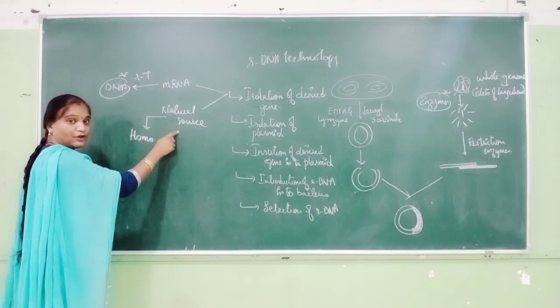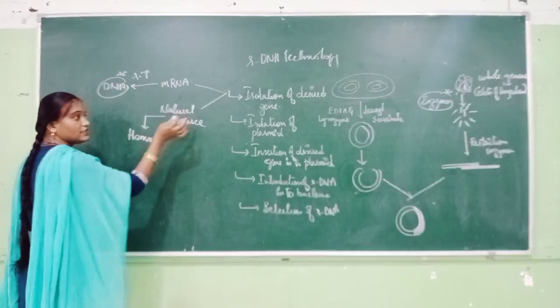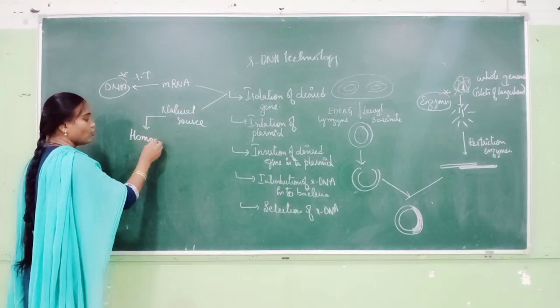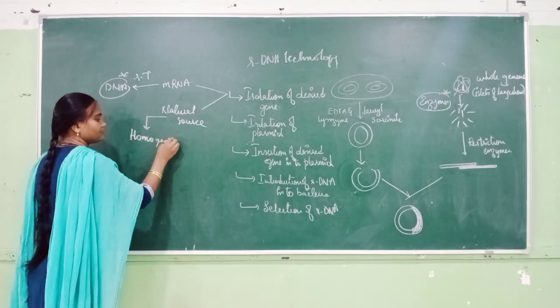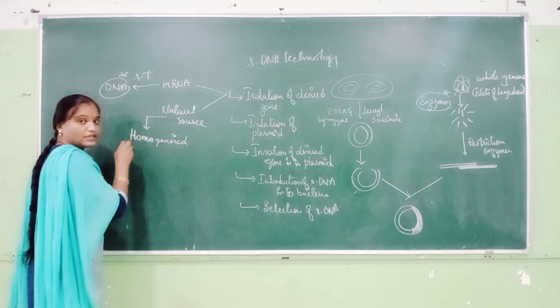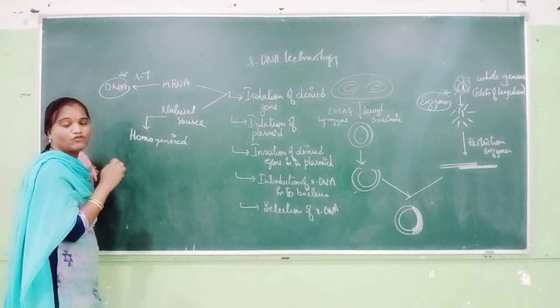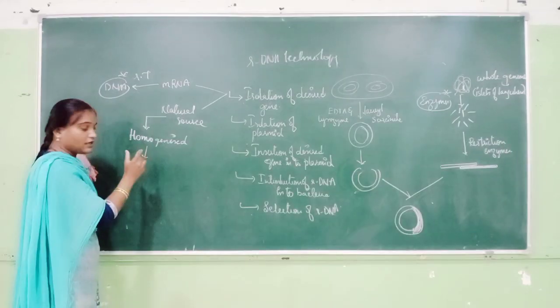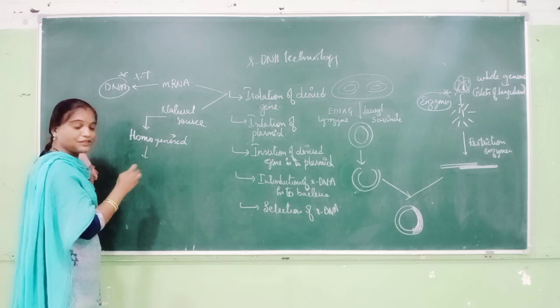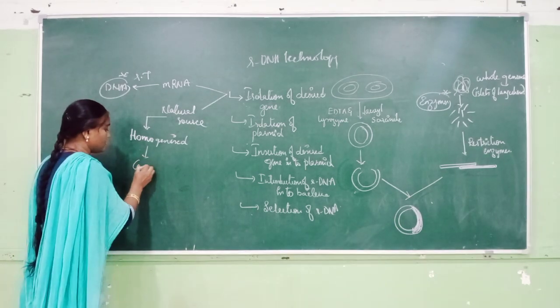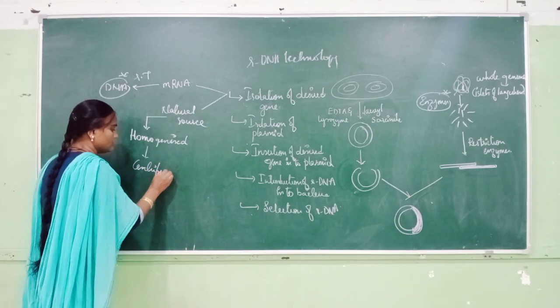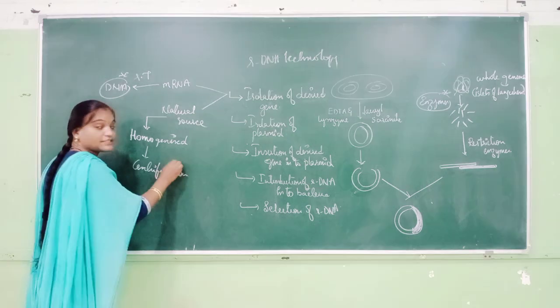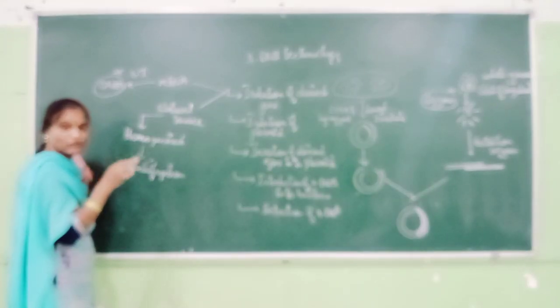Now for your natural source, first these cells are homogenized. After homogenization, it is used for removal of all your cell wall. Next, this homogenized solution is again treated for centrifugation. After centrifugation, all your cell debris will be removed.